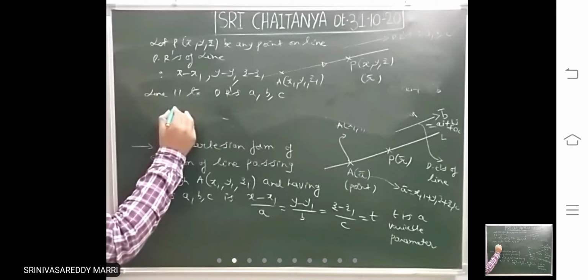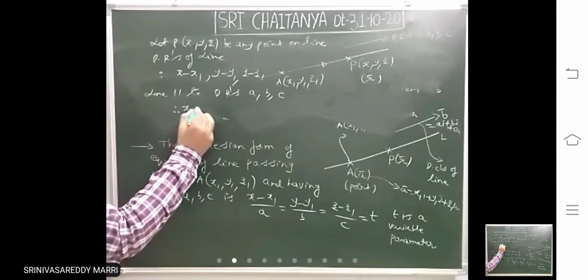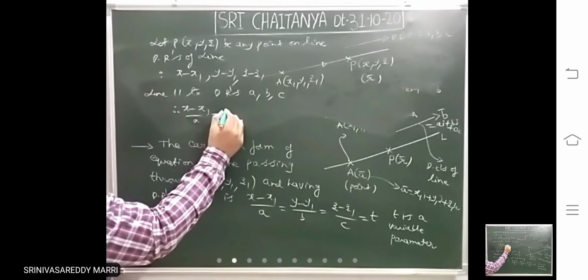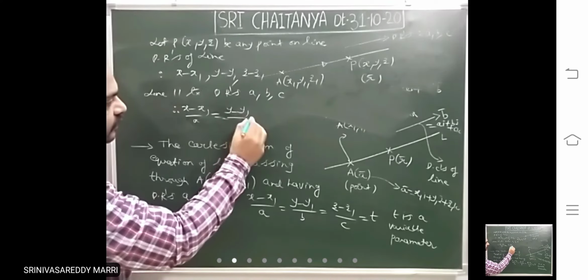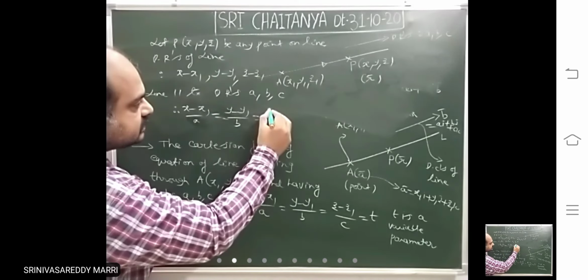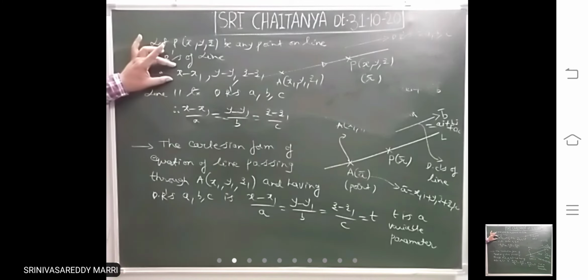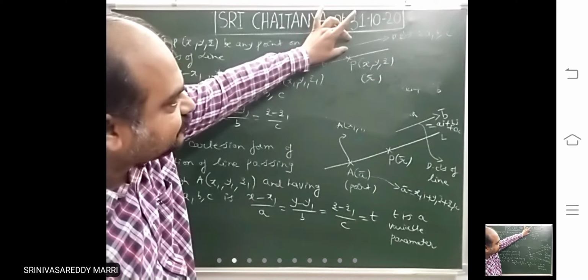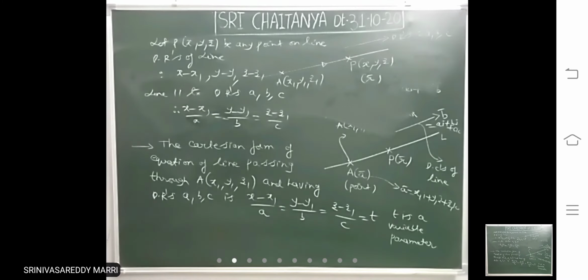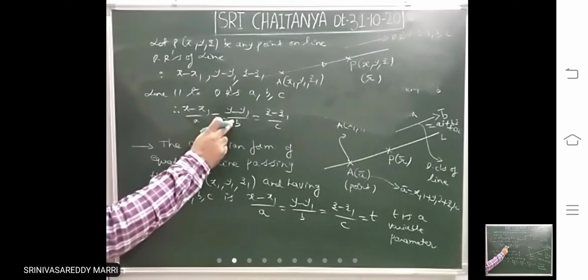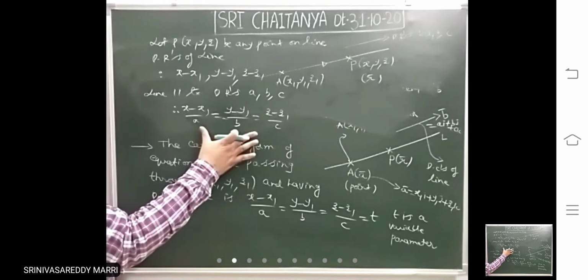That means A1 by A2 equals B1 by B2 equals C1 by C2. This is one line's DRs and it is parallel to this, the parallel condition I have written for two lines.